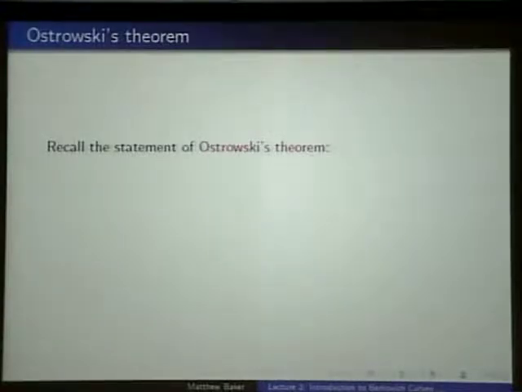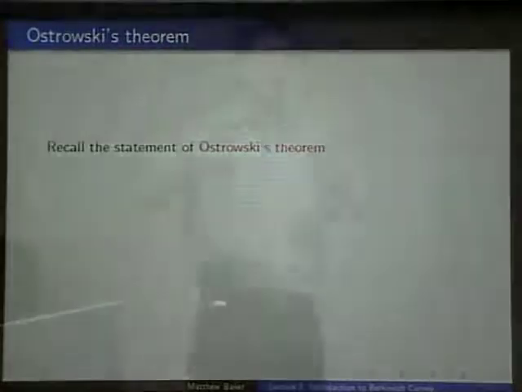Okay, so in order to understand M of Z, what are we trying to do? We're trying to classify multiplicative semi-norms on Z, which are bounded with respect to the usual absolute value. And this is closely related to classifying all absolute values on Q. So recall Ostrowski's theorem, which gives this classification.